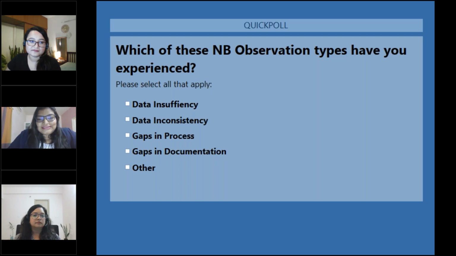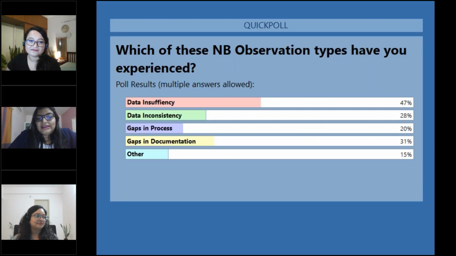It'll be interesting to see if the audience also agrees with us in terms of what they have been seeing in reviews from the notified body. There could, of course, be all kinds of observations. These are just generic buckets here. It depends on the type of the device. It depends on, in some cases, even the reviewer or the notified body. So let's see what the audience has to say about this.